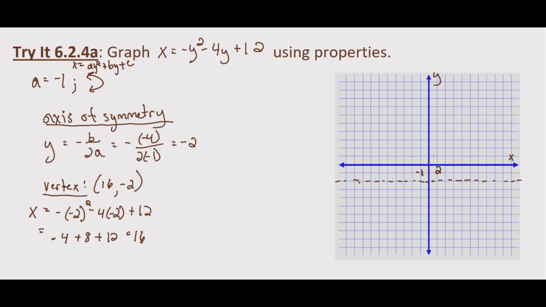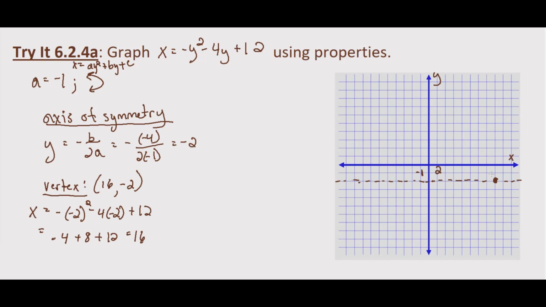So now that we have our axis of symmetry and our vertex, and we know that it's opening to the left, let's go ahead and graph our vertex. So 2, 4, 6, 8, 10, 12, 14, 16, -2 is our vertex. We know it's opening to the left.